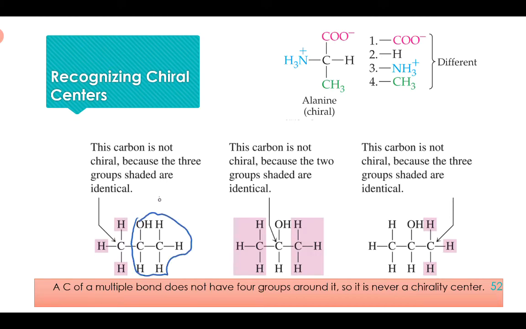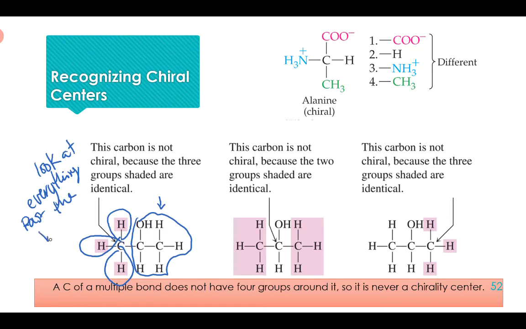So all of this is, you have to think like everything past the bond. So here we have 1, 2, 3, 4 groups, but 3 of these groups are hydrogens. So that's not chiral.